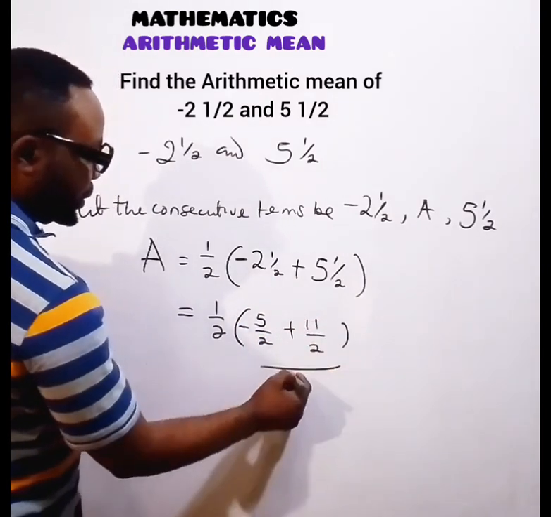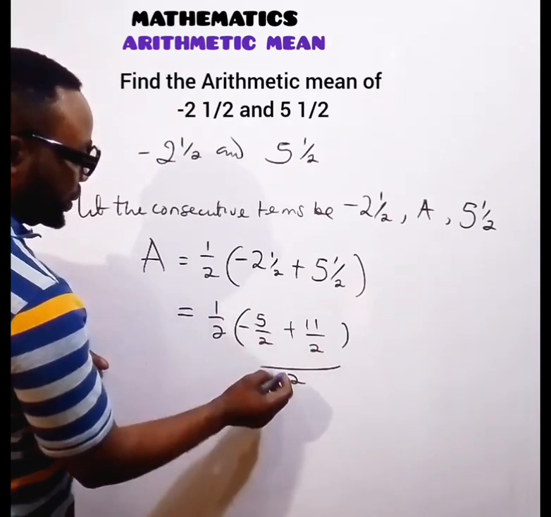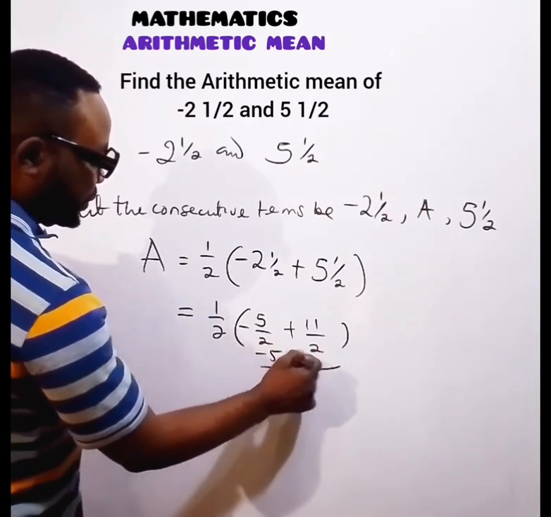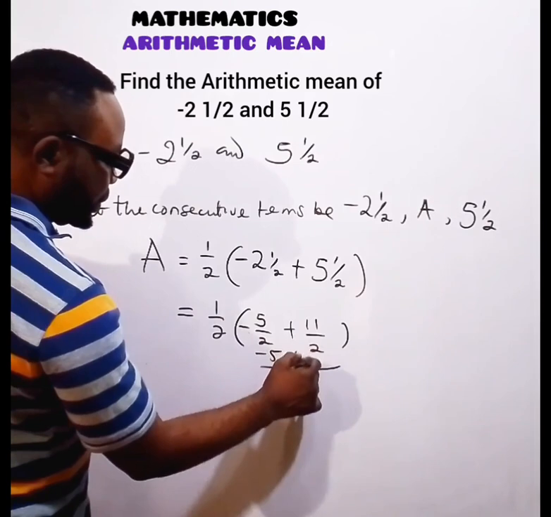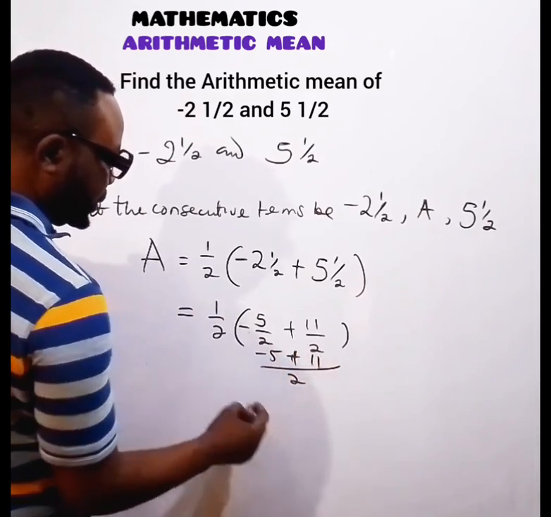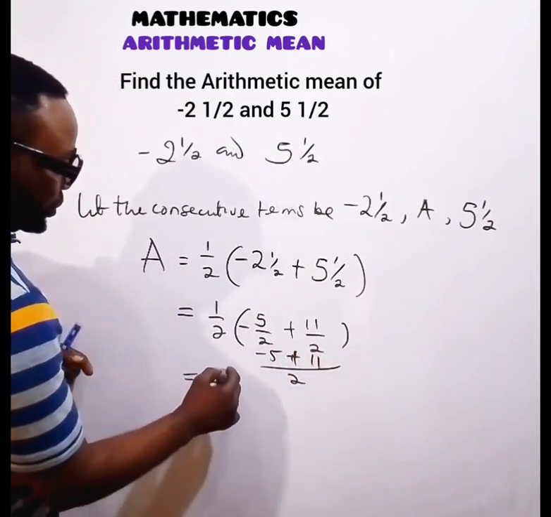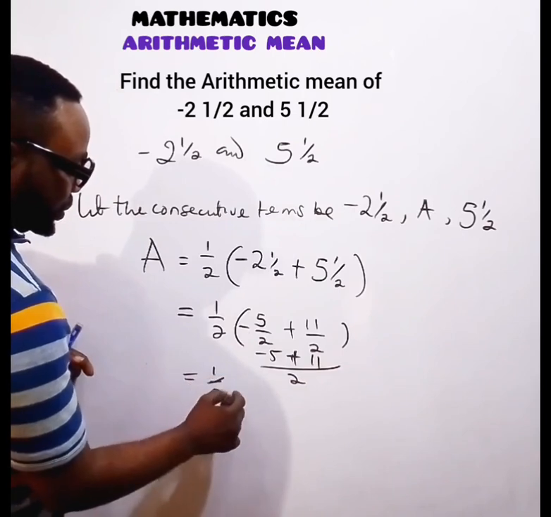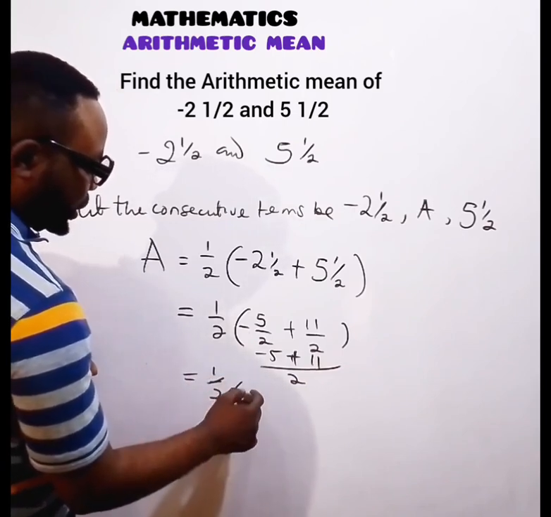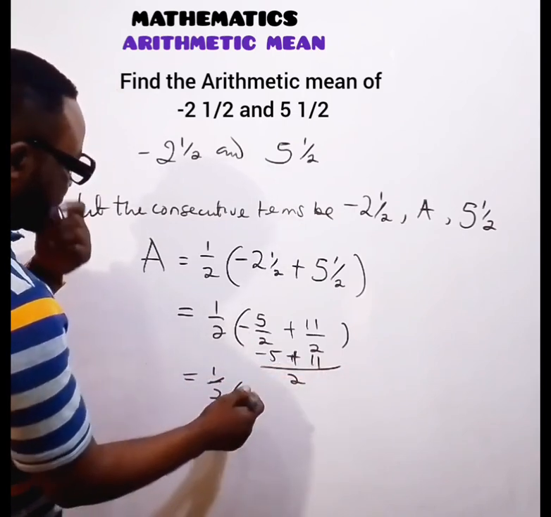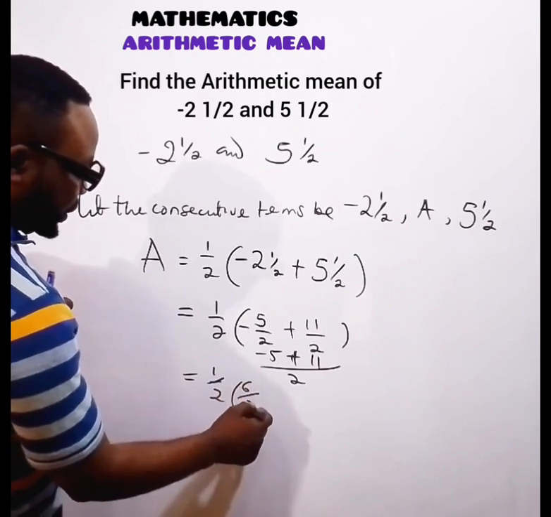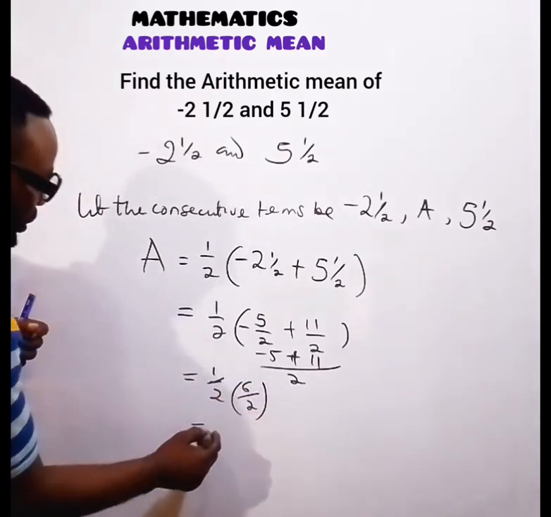We have 2 here, so minus 5 plus 11, which is equal to 1 over 2 into bracket of minus 5 plus 11, which gives us 6 over 2.